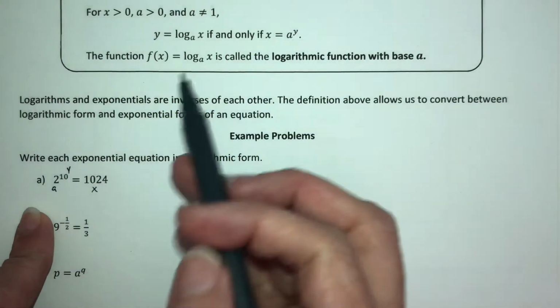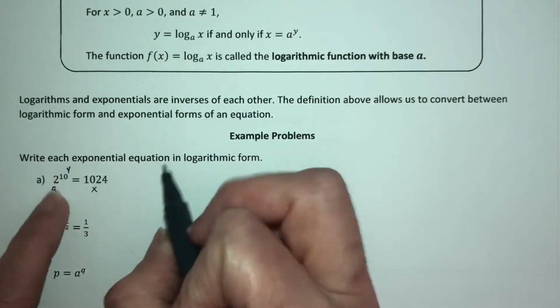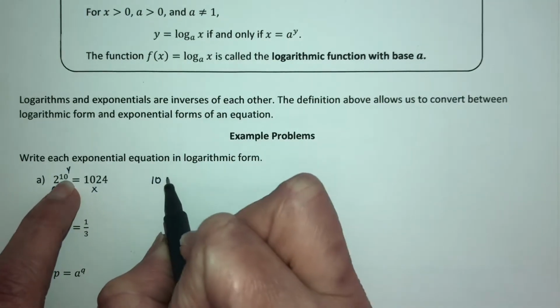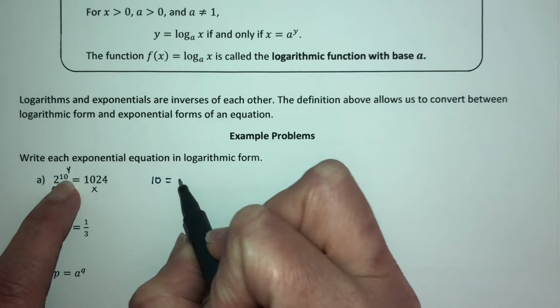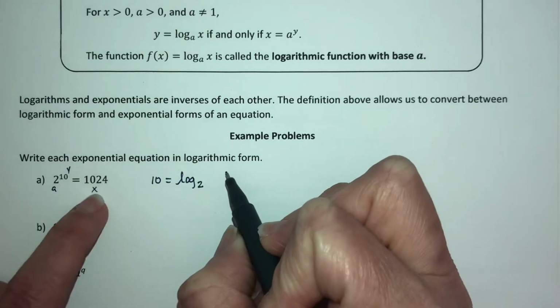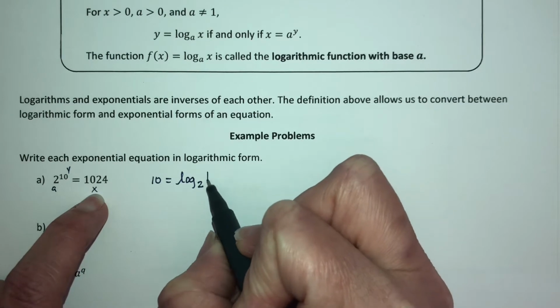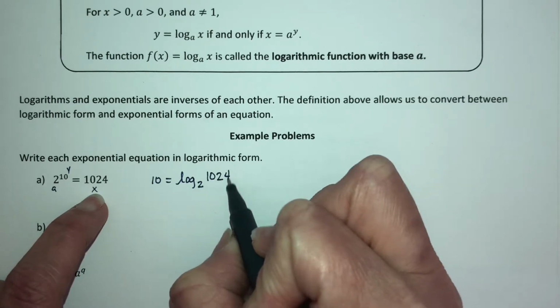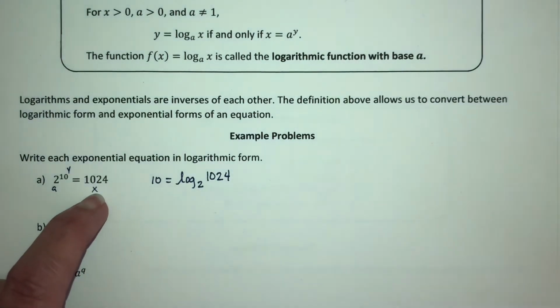So if I want to convert this to logarithmic form, I have 10 is equal to log base a of 1024. They don't want us to do anything more than that, just to change it to logarithmic form.